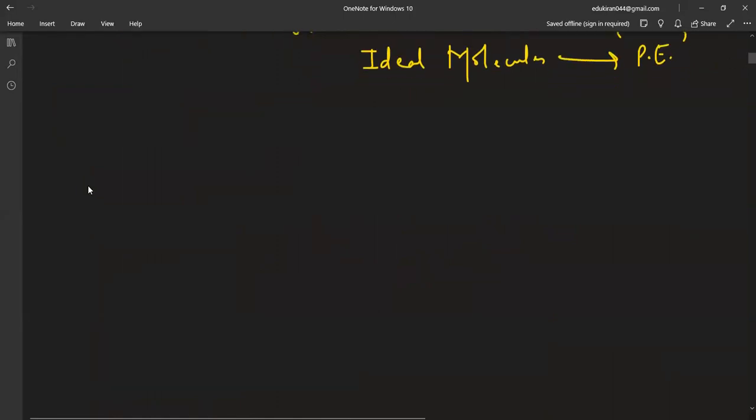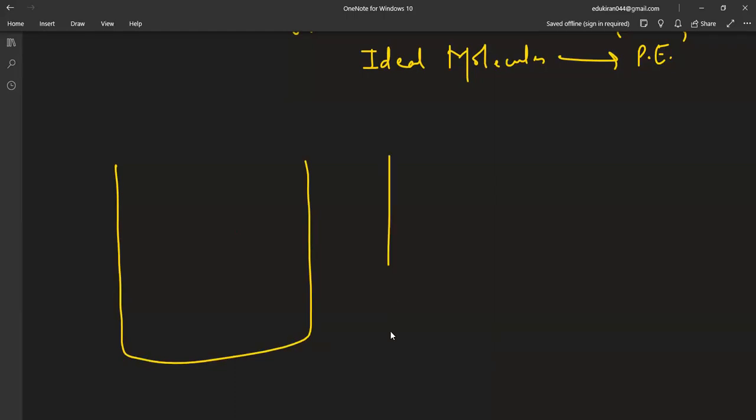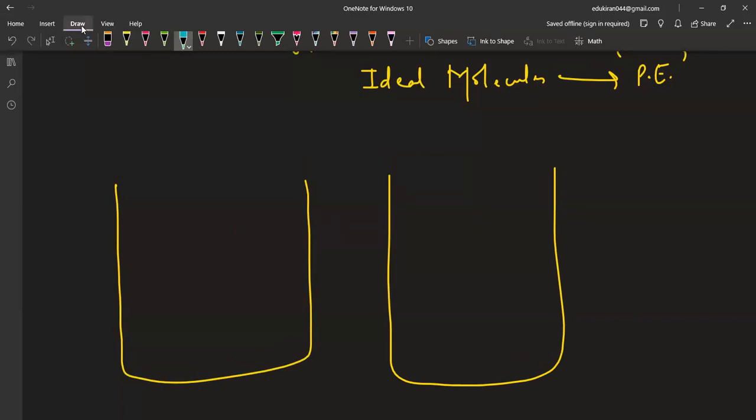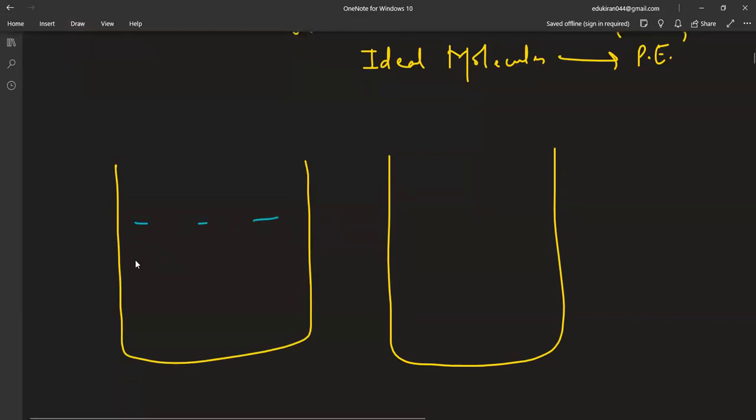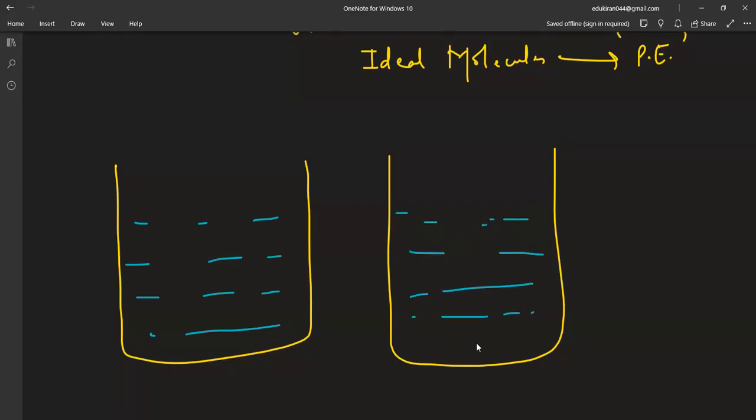Suppose, let's say I have a container. Here also I'm having a container. I have filled it with molecules.